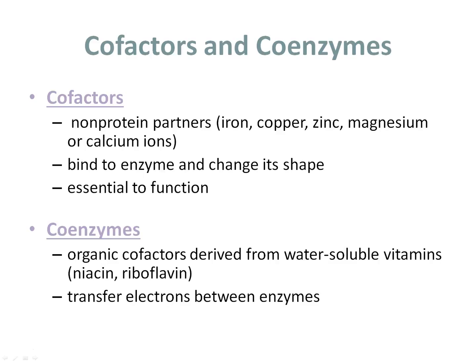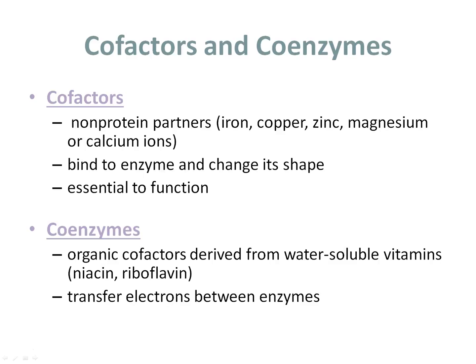Coenzymes are organic cofactors derived from vitamins, oftentimes B vitamins, and they work as electron shuttles. So you can think of coenzymes like an electron school bus. Basically, they're going to load up a bunch of electrons on their little school bus and drive them over to the electron transport chain. We're going to talk more about how these work later in the semester when we talk about ATP production.